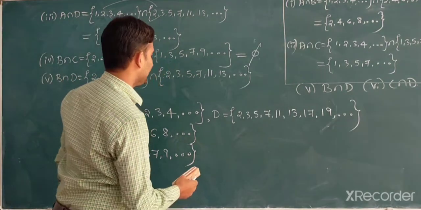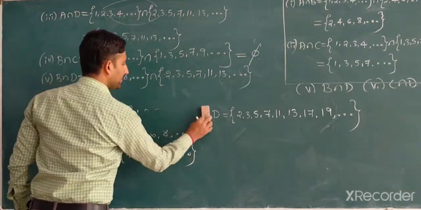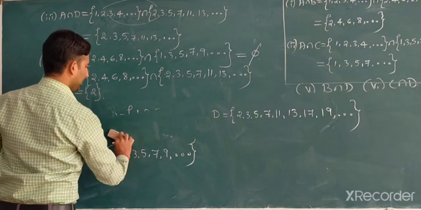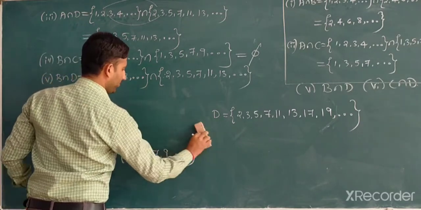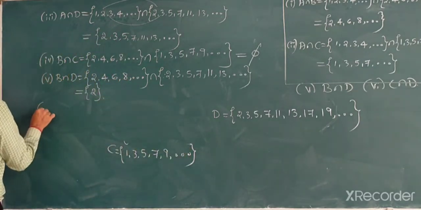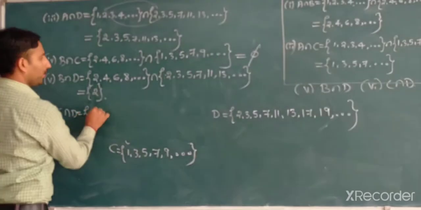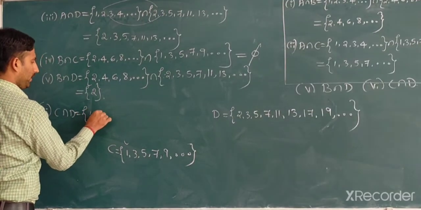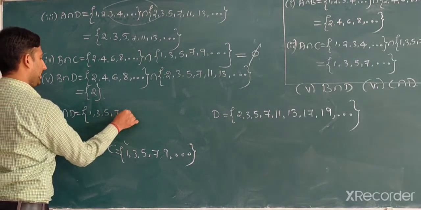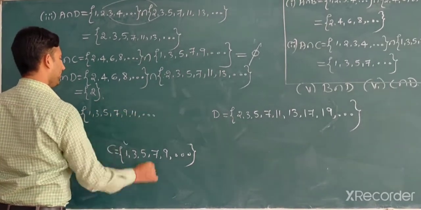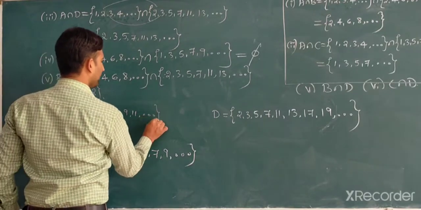After that, C intersection D. Correct? Last one, the sixth one. C is nothing but 1, 3, 5, 7, 9, 11.